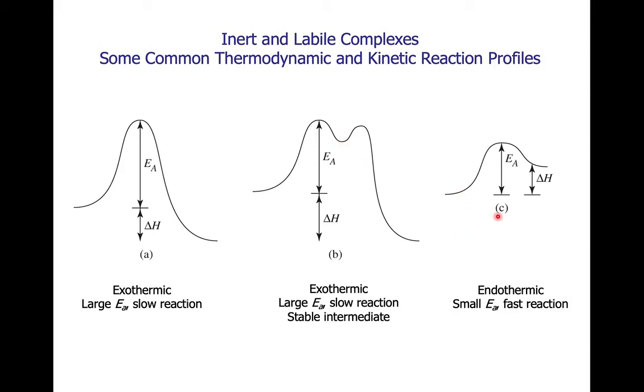And finally, in C, it is an endothermic reaction. The products are at a higher energy than the reactants, so this reactant is stable. However, there is a small activation energy. This Ea value is small, so traveling up to the products doesn't require very much energy. So it's a fast reaction.